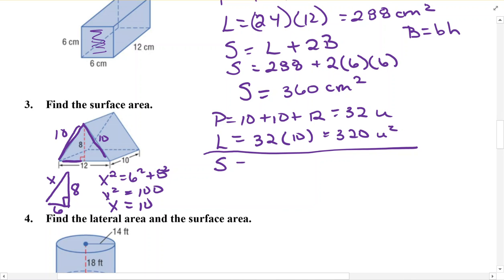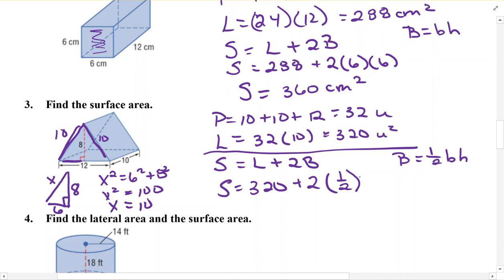To find the surface area, it'd be the lateral area plus 2 times the base, and the formula here for the base is 1/2 base times height, because we have a triangle. So the surface area is 320 plus 2 times 1/2 times 12 times 8. So the surface area is 416 units squared.